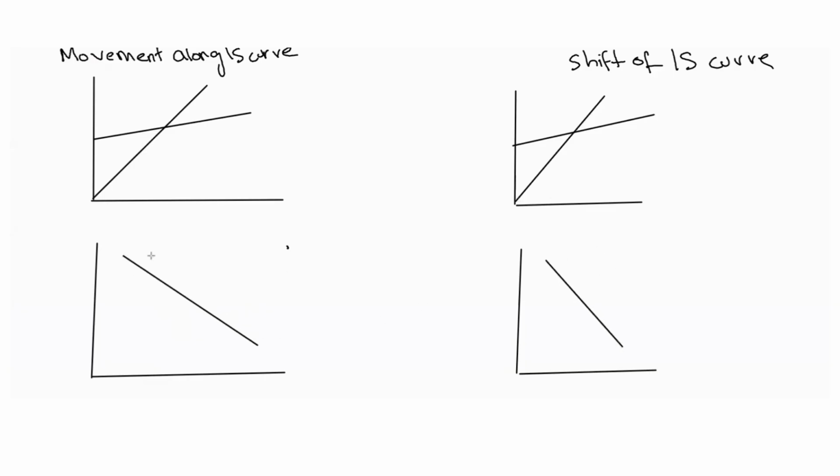So this is the 45-degree line, and this is Z equal to C plus I(r1) plus G, and this is also Z equal to C plus I(r1) plus G.